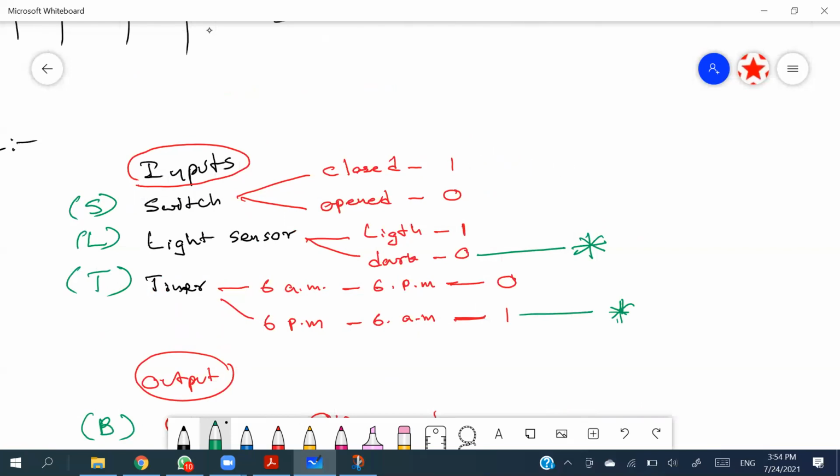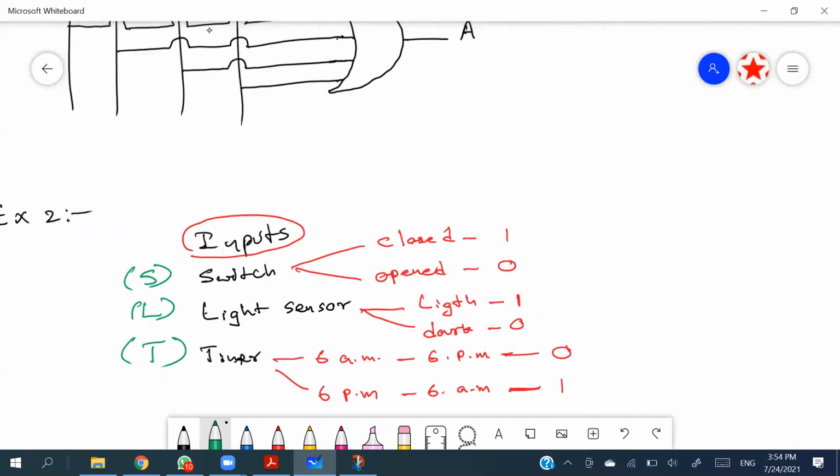Now, according to Boolean algebra, the way we are going to indicate this: if the switch is closed, it indicates 1, so in variable format it is S. 0 is indicated as S bar. In the light sensor, 1 indicates L, 0 indicates L bar.